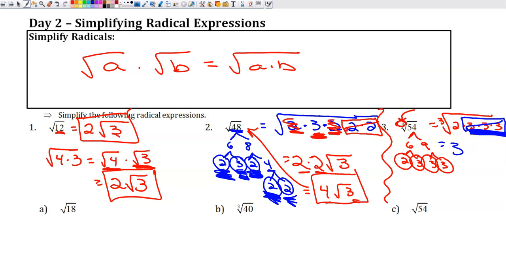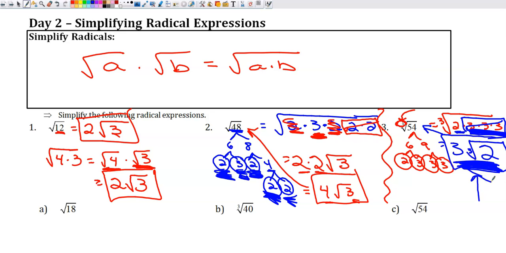The other ones went bye-bye. And he got to come outside. Cube root, be careful. The 2 did not do anything, did not get out, so it stays. So the cube root of 54 is really, in simplified form, 3 cube root 2, or 3 times the cube root of 2. You'll hear it both ways, but this is the way you'll see it written.